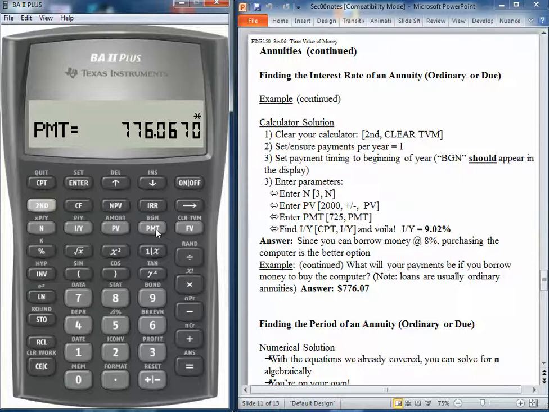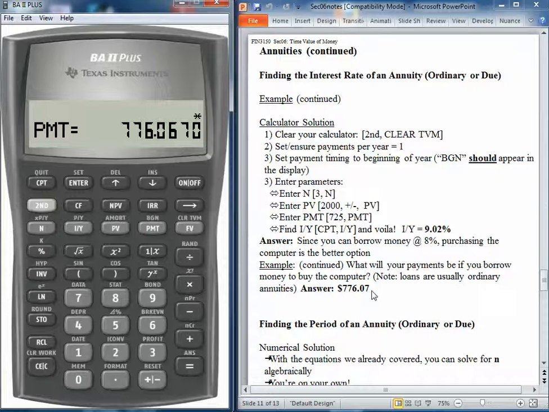Now, this is where it's kind of confusing, and this problem is more difficult than you may have expected. We see that the lease payment is $725 with a 9% rate of interest, so we know we prefer the 8% rather than 9%, but our annual payment on this computer is now higher than the lease payment.